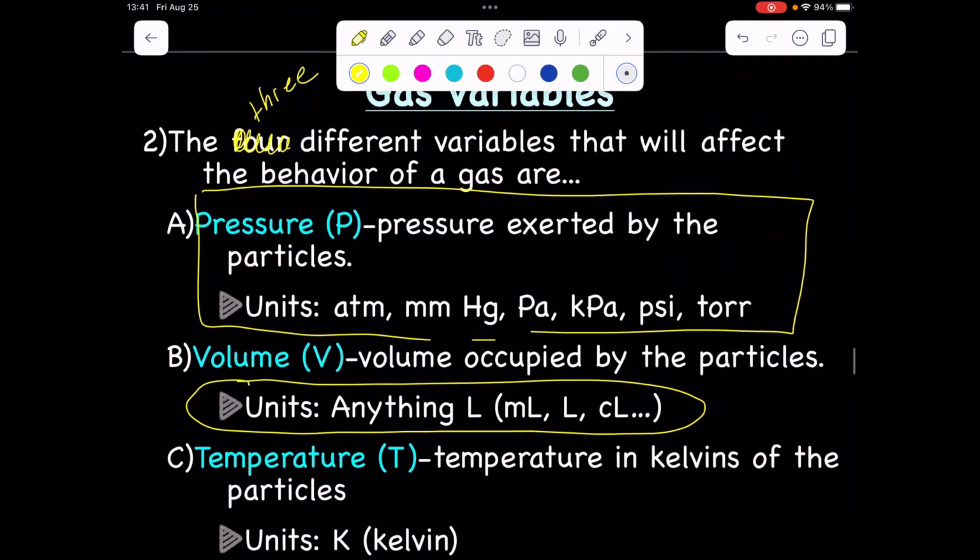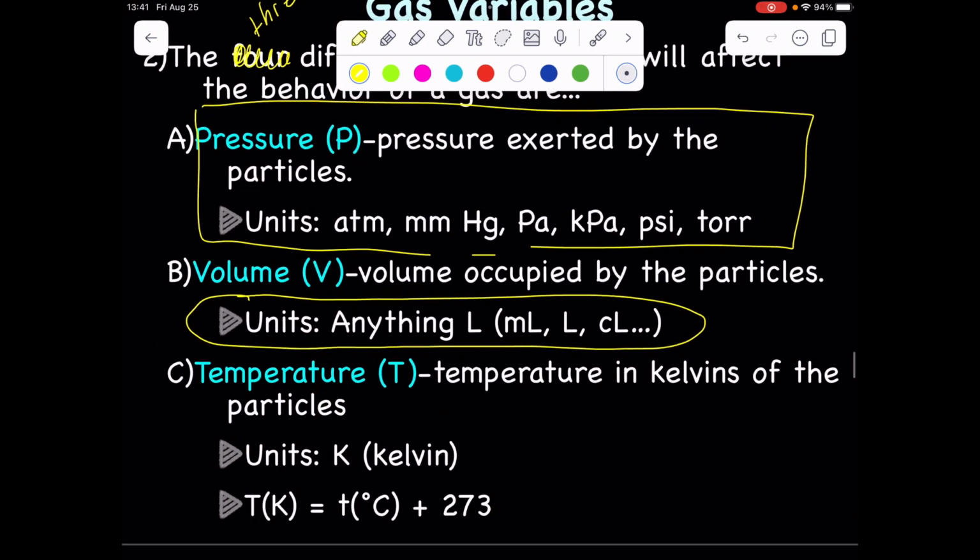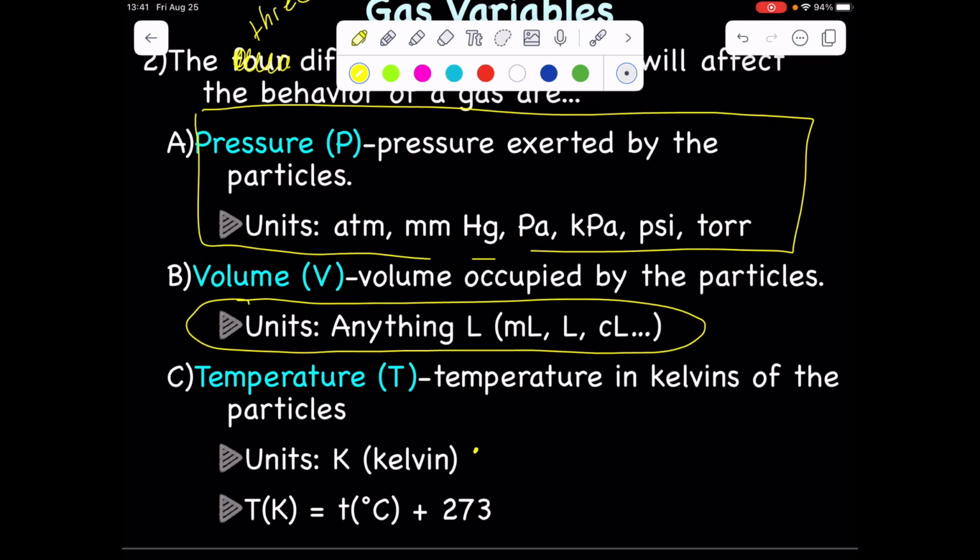And the last variable that we are interested in is temperature. The units that we're using for gases is Kelvin, although sometimes the question will say degrees Celsius.